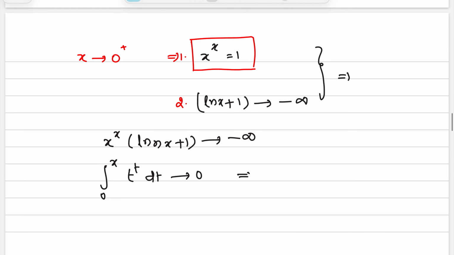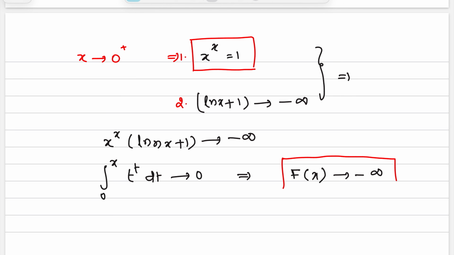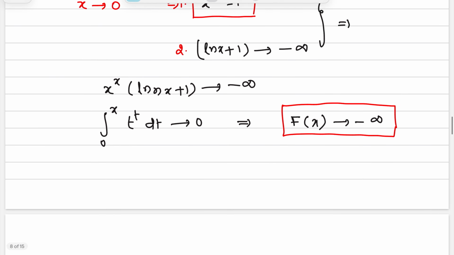That implies f(x) tends to minus infinity. We have got the f'(x) behavior and the behavior of f(x) in and around 0.